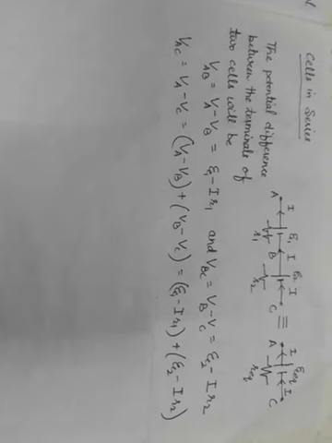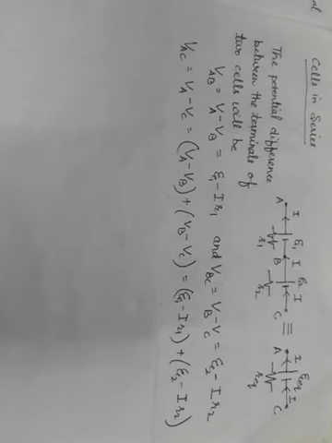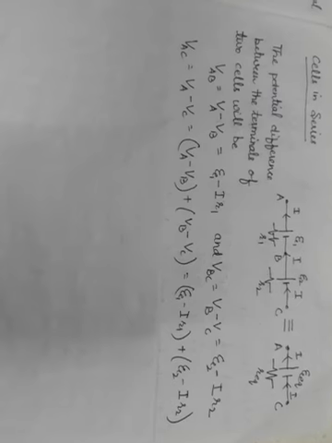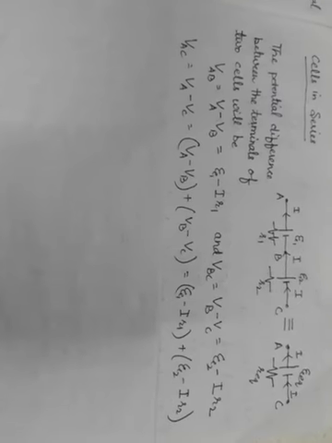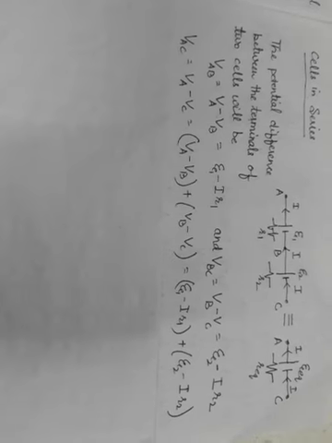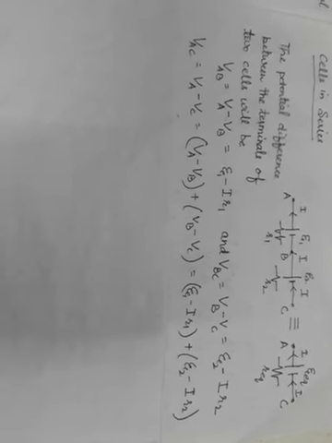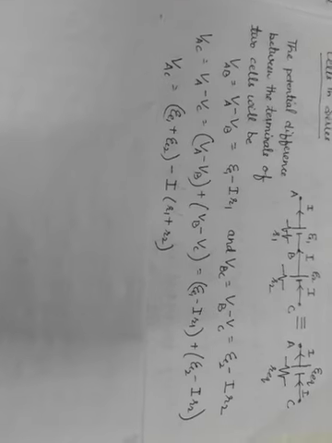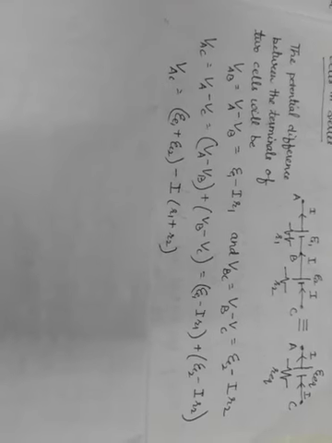Now VAC, as you can see, if I want to find the potential difference between points A and C, I can write it as the sum of VA minus VB and VB minus VC. Substituting these values, I'll get E1 plus E2 minus I(R1 plus R2).